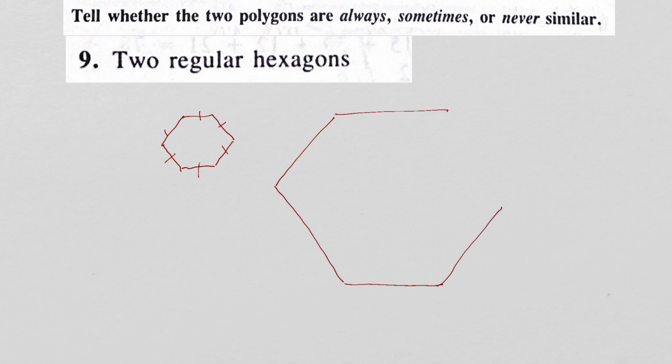Two regular hexagons. Well, if they're regular, then all sides are the same. I'm not drawing this very well probably, but these are all the same. So if you drew another one where all sides are the same, they're going to be similar. Because, oh boy, that's a pentagon. What did I just do?